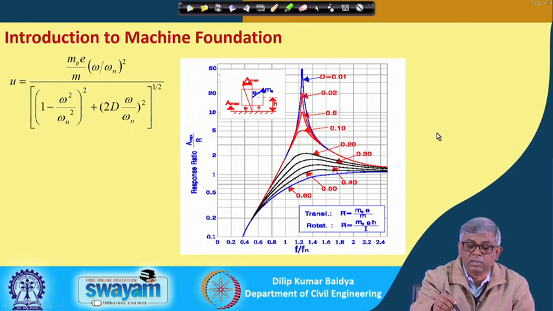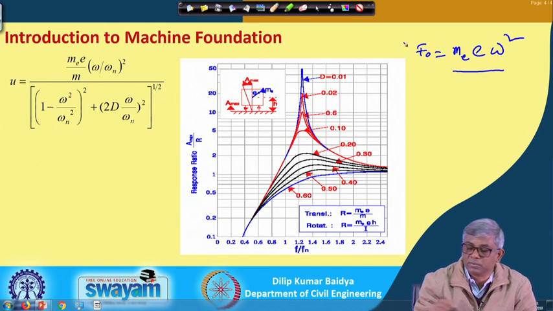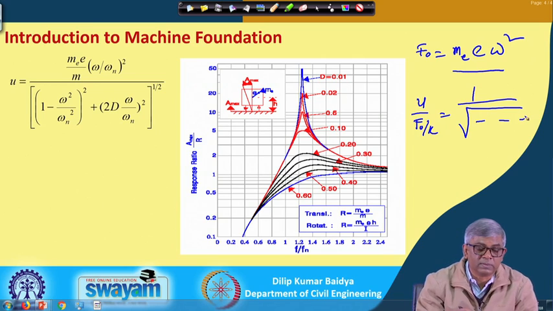When I substitute F naught equal to m e omega square, our previous equation was u over F naught by k equal to 1 over under root of the same expression.